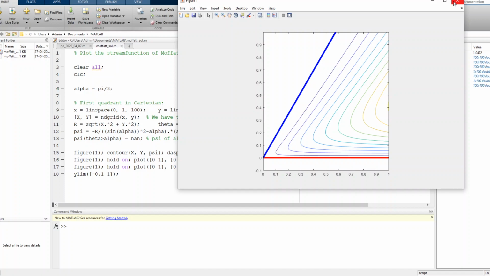But you should do it. You should try to obtain the velocity field analytically, and it is very easy because you have the expression for psi. Once you have the u fields, set the u fields for theta greater than alpha to be nan, and then just do a quiver plot of the velocity field.